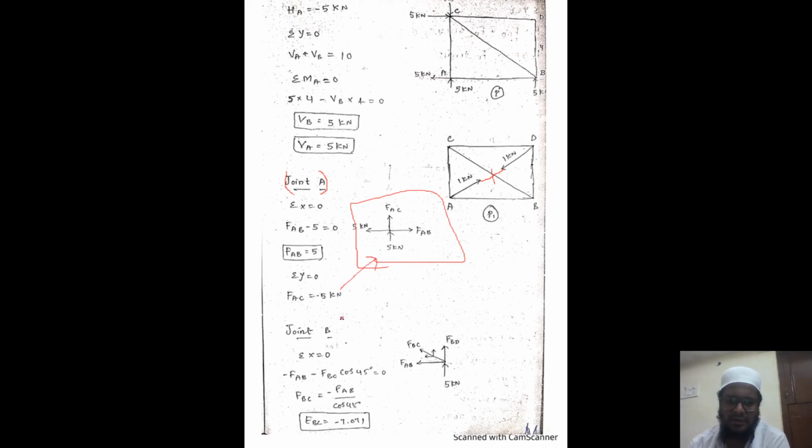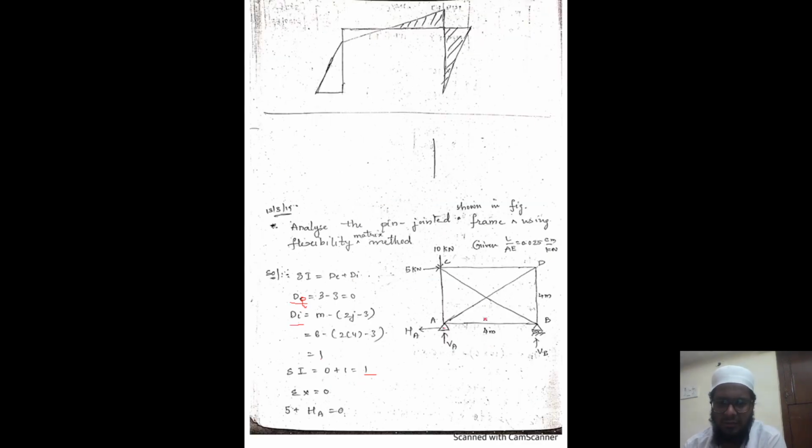Next we'll go for joint B. At joint B, how many members do we have? Force in member AB, force in member BD and force in member BC. Calculating sigma x is equal to 0: minus FAB minus FBC cos 45 is equal to 0. How did we get this cos 45? See here, 45, 4 meter and 4 meter.